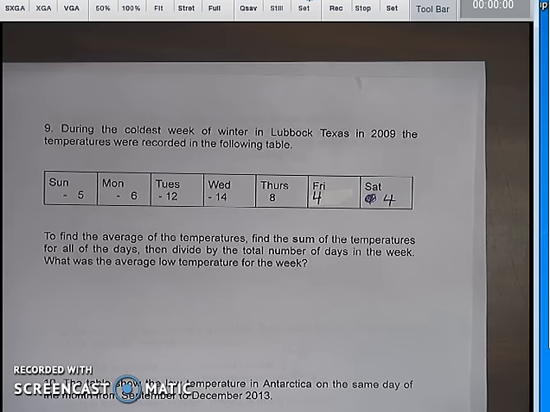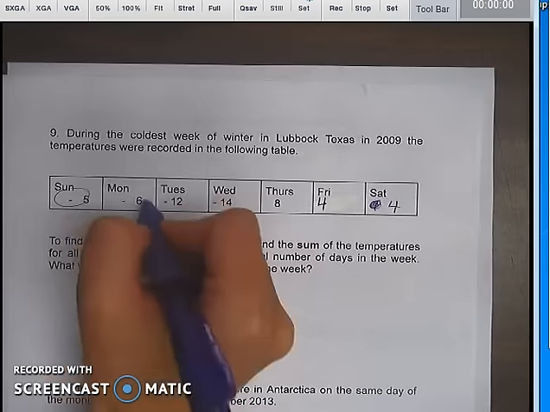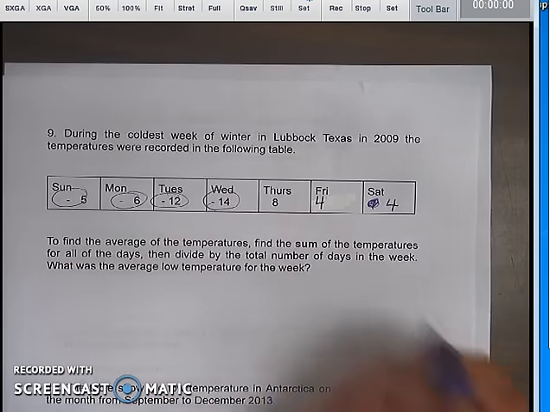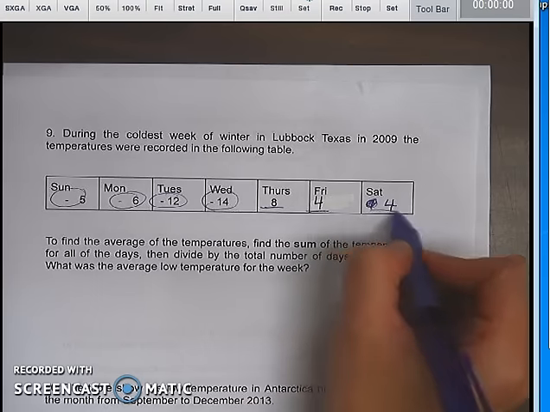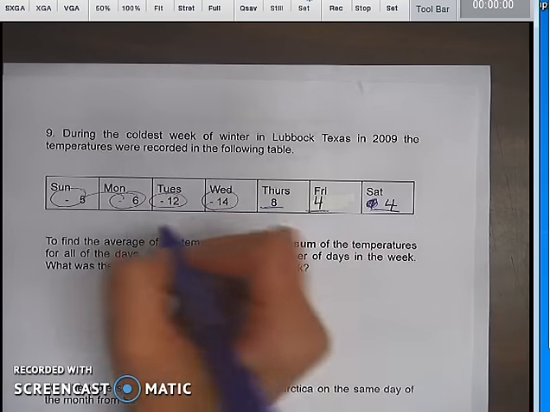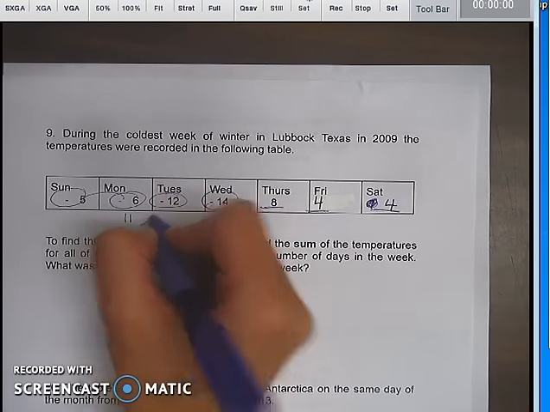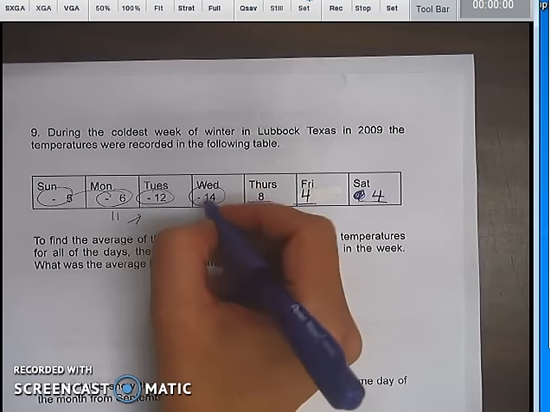So let's add all of this up. So I have a whole bunch of negatives. So I want to add my negatives first, and then I'm going to add my positives. Well, 5 plus 6 is 11, plus 12 and 14.